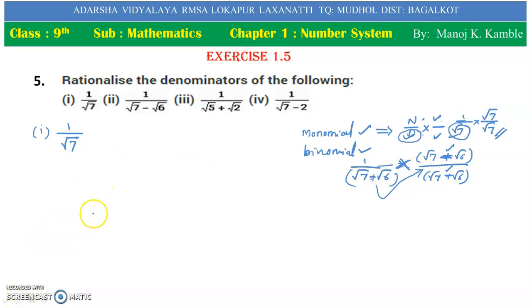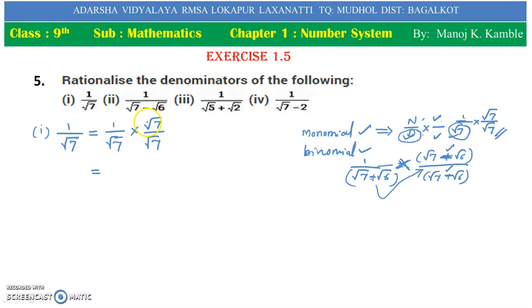So how to solve this one? 1 divided by square root of 7. Since a monomial is present, we multiply both numerator and denominator by the same number, square root of 7 divided by square root of 7.